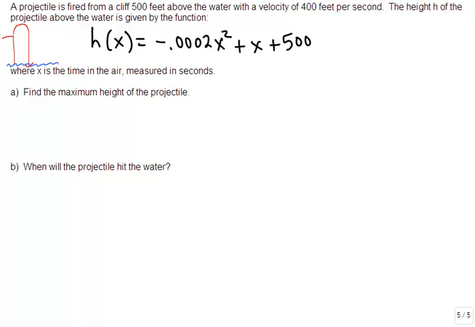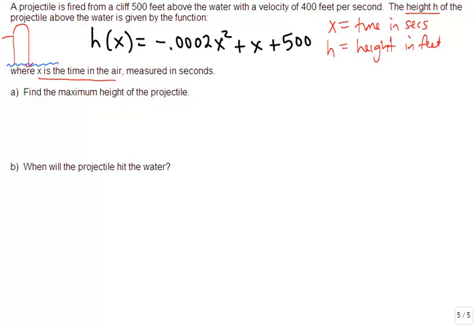So let's define what our variables are in this function. We've got an x and we've got an h. And the x, they tell us, is the time in the air measured in seconds. So time in seconds. And the height is the h, measured in feet. So what we want to know is, for part A, the maximum height of the projectile.